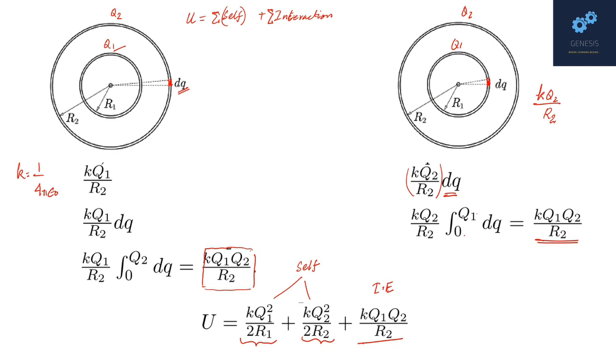Now we have written it down this way, but what I really wanted to show you is how to write this in another way using the idea of energy density. We know that wherever there is an electric field E vector at any point in space, the energy density at that point, energy density being energy per unit volume, is half epsilon naught E square.